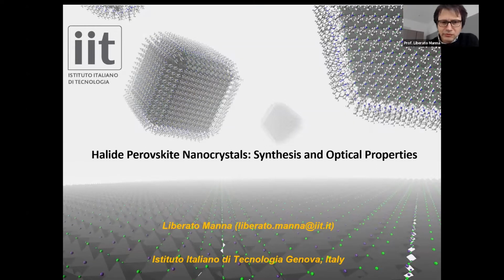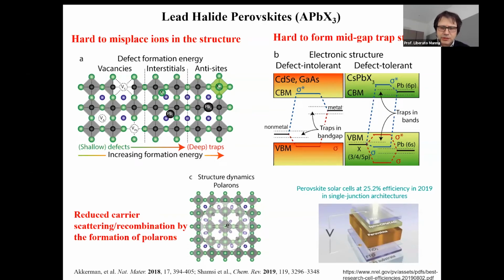Good afternoon to everyone. So perovskites have already been introduced in the previous talks. In this material, it's very hard to form defects, and the only low energy defects that you can actually form are vacancies.